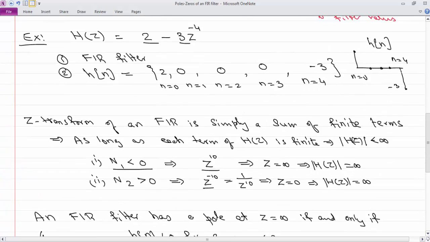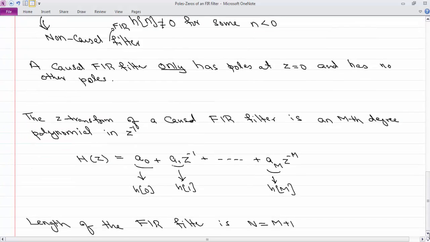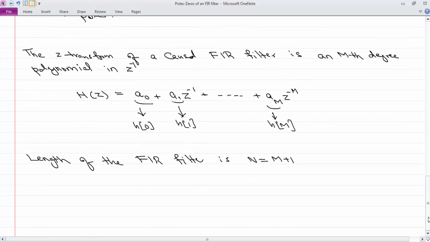So just like in the previous case, we had a fourth degree polynomial, and of course the length of my filter was 5, from 0 to 4. Right? So that is another conclusion that we can draw. And the next thing is that if you plug in z equal to 0 in this expression, then you are going to get infinity.